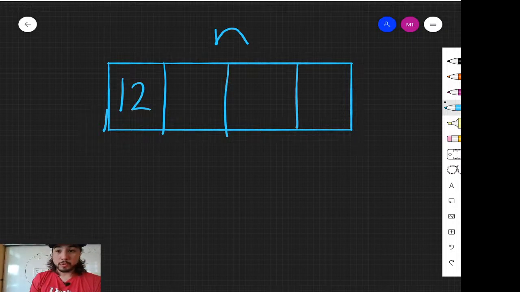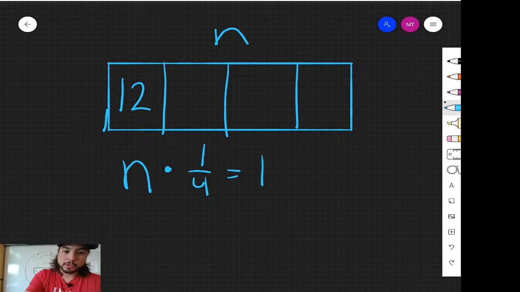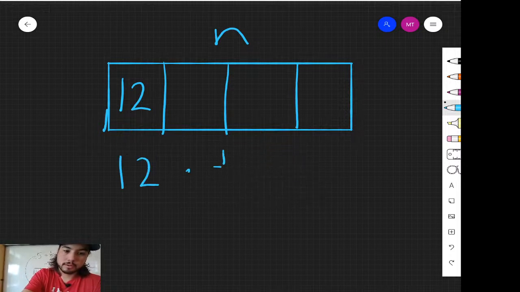Okay, if we're going to use multiplication, there's two ways we have to do it, right? You could do n times 1/4 equals 12, right? Because I see a couple people in the chat putting this. Oops. 12 times 1/4 equals n.